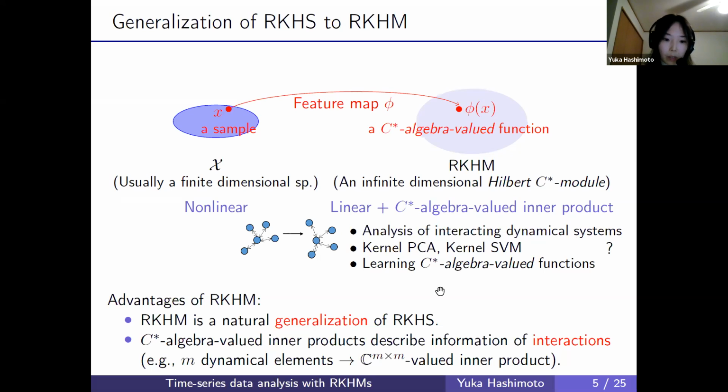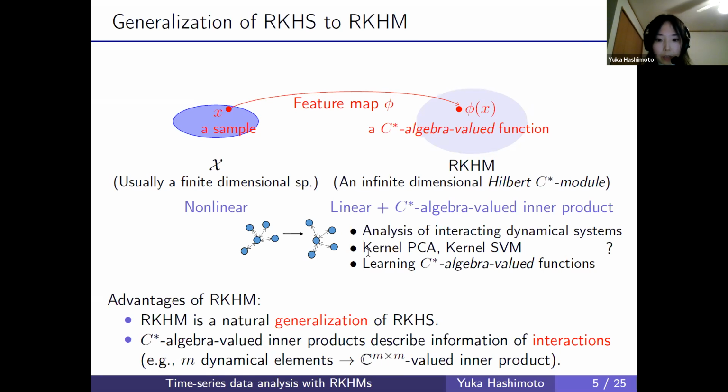For example, if a dynamical system has m dynamical elements, we can preserve the similarities between arbitrary pairs of elements in an m by m matrix. In this case, if we set this C-star algebra as the space of m by m matrices, we can analyze the interactions between these elements in dynamical systems.